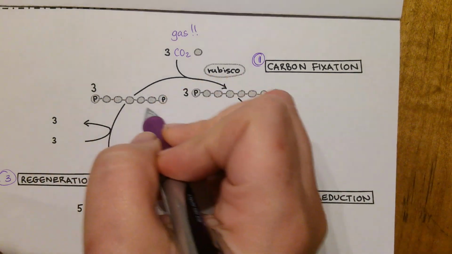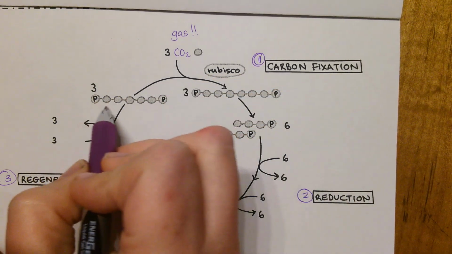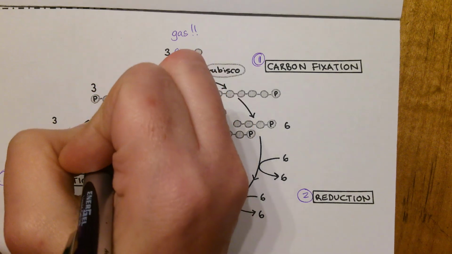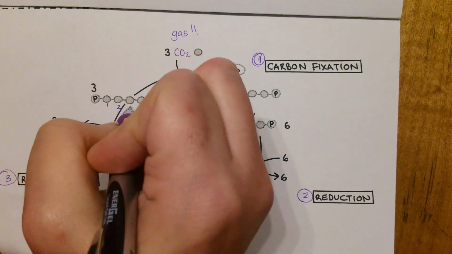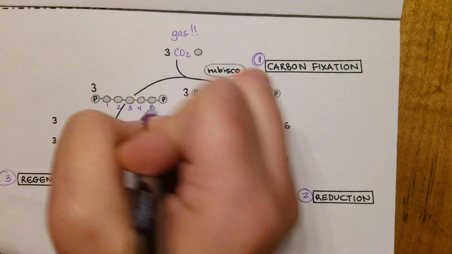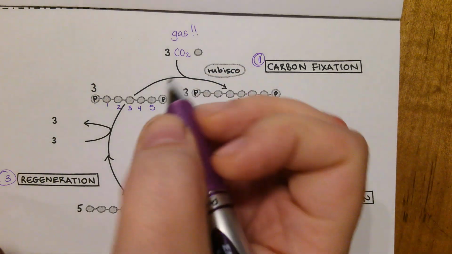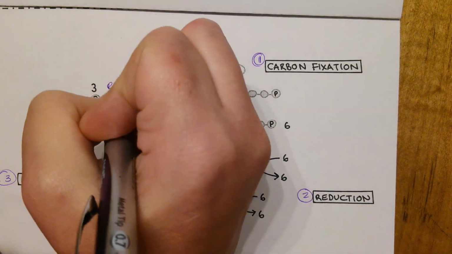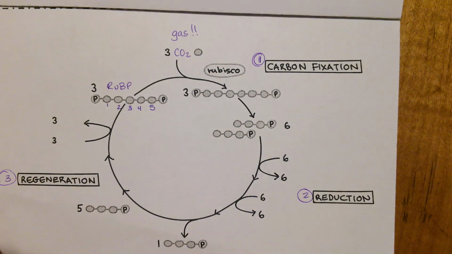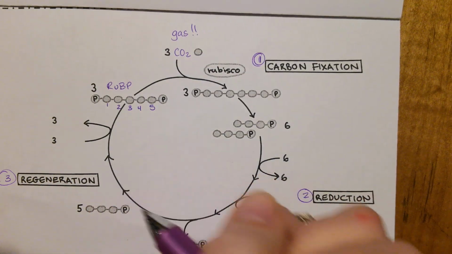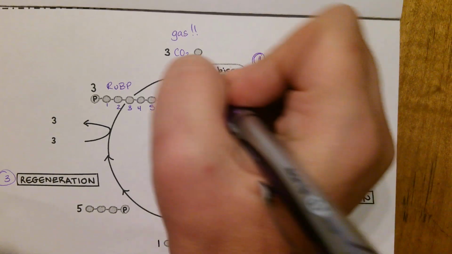This guy over here, we have 3 of these, 1, 2, 3, 4, 5 carbon molecules. This is our RuBP, so you don't need to know that, but it can be helpful. And Rubisco is our enzyme.